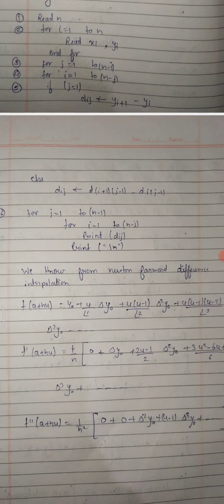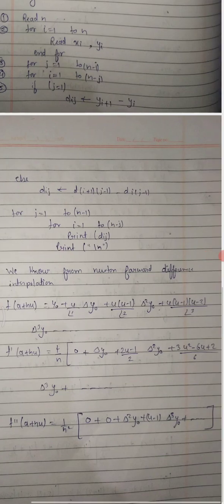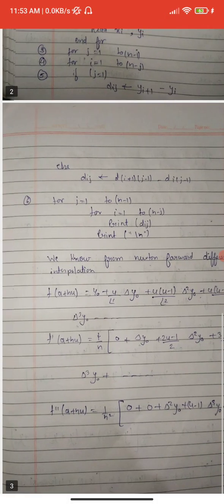And f dash of a plus hu equals 1 by h times [delta y naught plus (2u minus 1) divided by 2 delta square y naught plus (3u square minus 6u plus 2) divided by 6 delta cube y naught, and so on].